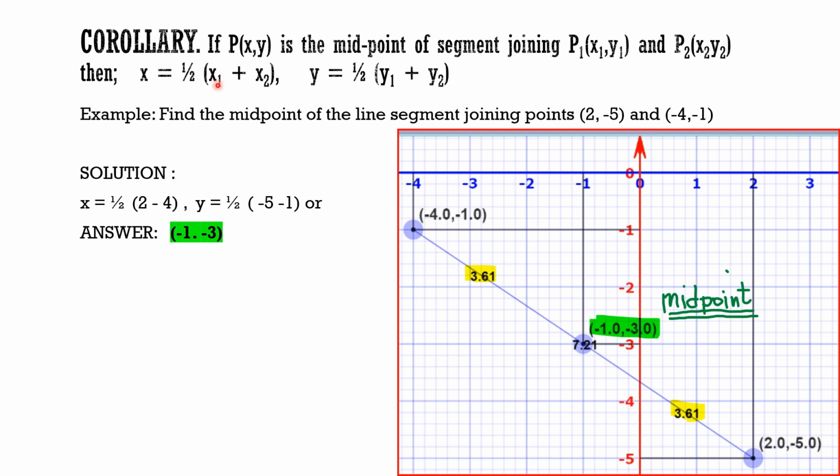We are going to use this formula. By direct substitution, x is equal to 1 half times 2 minus 4, and we end up with negative 1. Y is equal to 1 half times negative 5 minus 1, which is equal to negative 3. Therefore, the midpoint of this line segment is at (negative 1, negative 3).